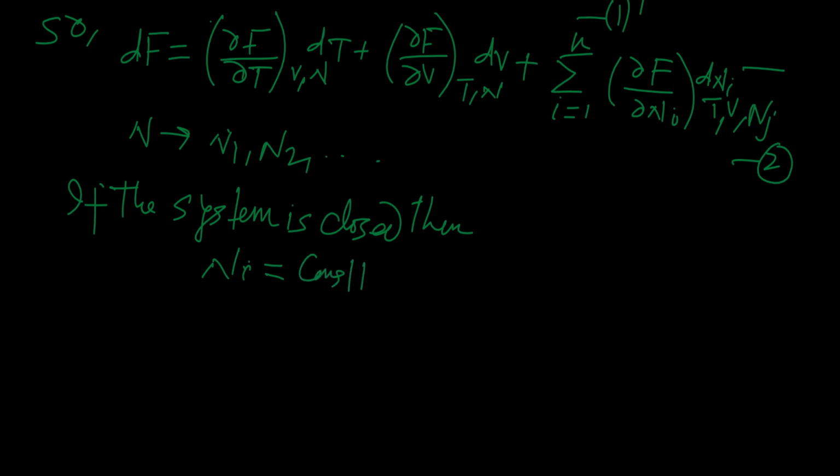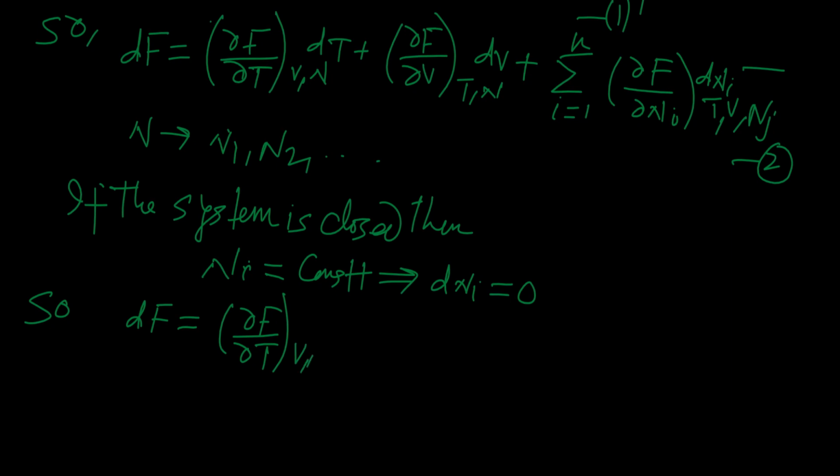This implies that if Ni is constant, then dNi will be 0, and so equation 2 will now become, for an isolated or closed system, dF equal to del F by del T at constant V and N dT, plus del F by del V at constant T and N dV.